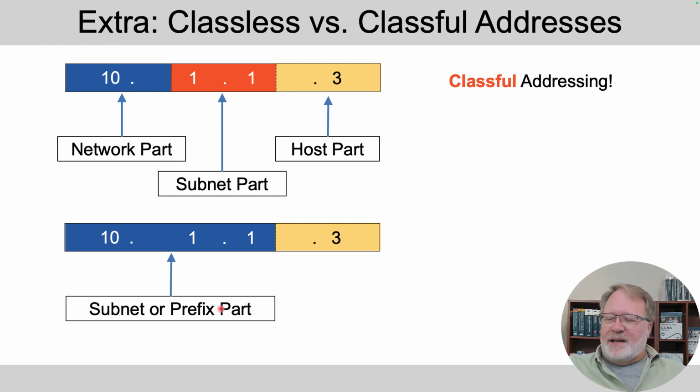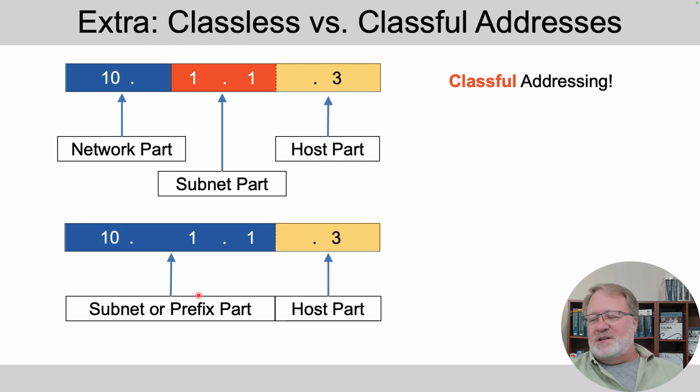And when you're thinking like that, people will just refer to this whole left part as the subnet part, or they might even call it the prefix. It's the initial part that's the same in every address, the prefix. Then the host part's still the host part for the same rules. So it's a two-part address, get this, that doesn't have a network part because it doesn't have to think about class rules. The absence of class rules means it's classless addressing.